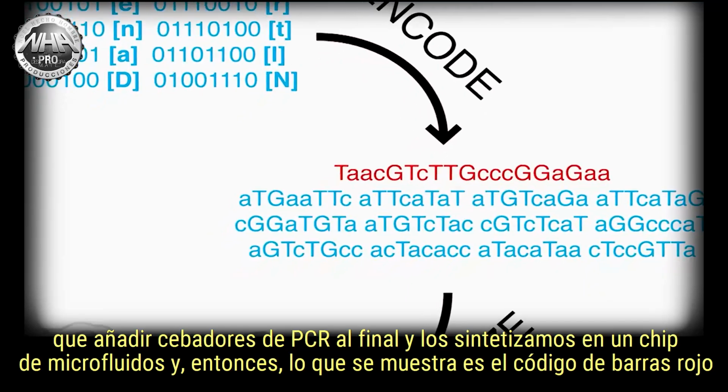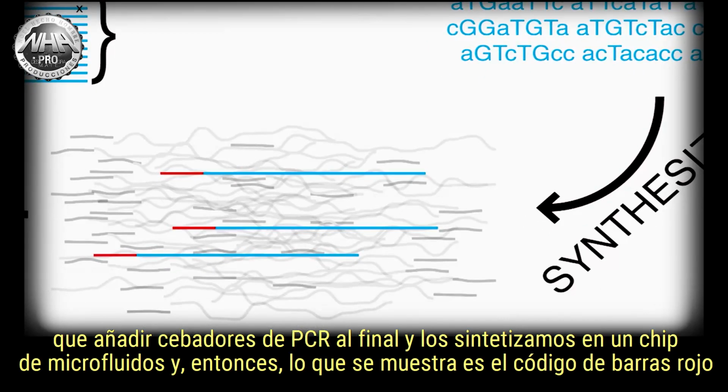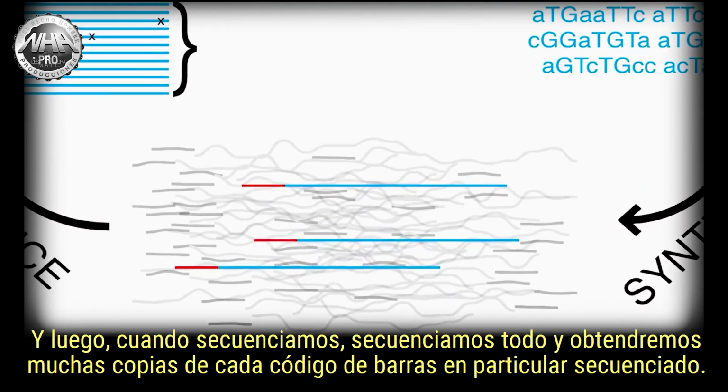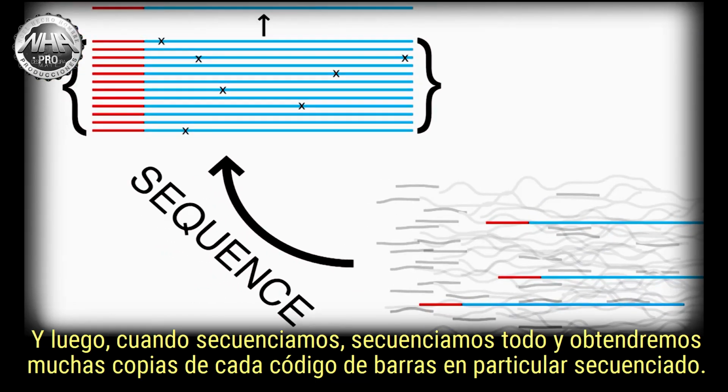And so we just add PCR primers to the end of those and synthesize it on a microfluidic chip. What's shown is the red barcode and the blue data block, essentially, that's in a larger context of other barcodes and data blocks. And then when we sequence the whole thing, we'll get many copies of each particular barcode sequence.